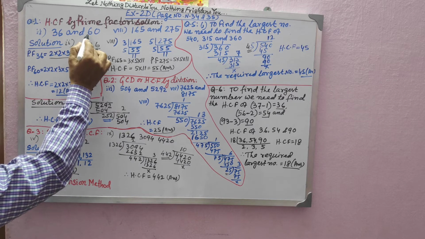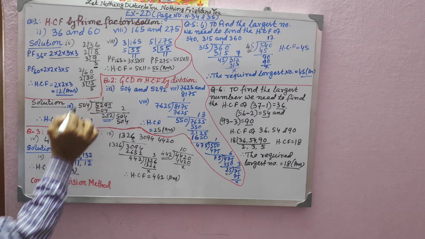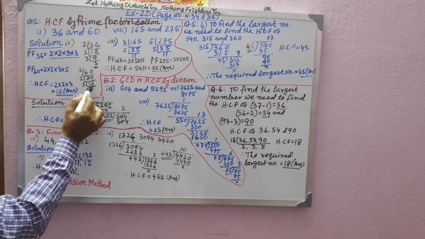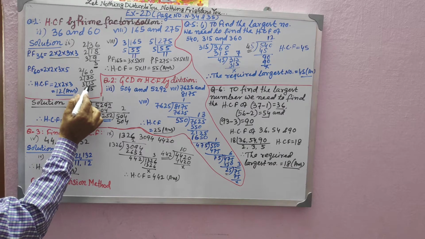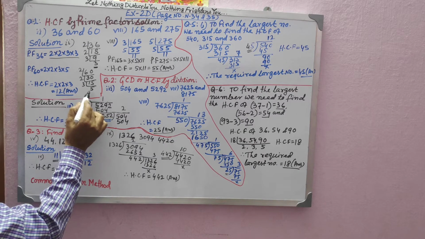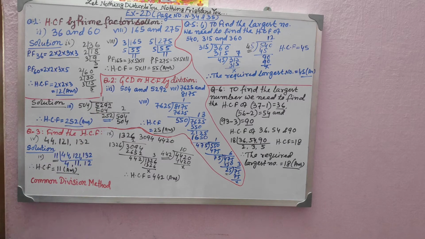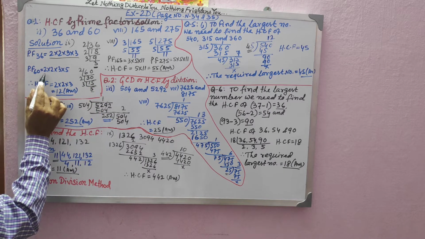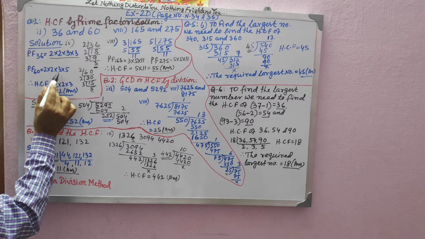Now the other number also you do. 60, again with the test of divisibility you can find 2 will go, again 2 will go, 30 has come, 2 will go, then 15 has come. 15 will not be divided by 2, therefore 3 5s are 15, 5 is a prime number, stop the division. So 60 as a product of prime factors will be 2 into 2 into 3 into 5.